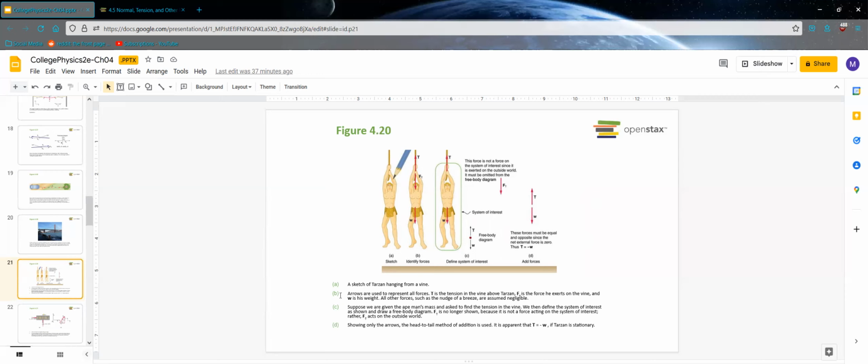It's equal to his tension because he's not accelerating. If you're not accelerating, your net force is equal to 0. So suppose we're given the man's mass and asked to find the tension of the vine. That is easily done, as I said, because if those two sum to 0, those two must be the same number. His weight pulling down is equal to the tension applied to the vine because he's not moving. If he was too heavy, the vine would break, right? And he would be moving down.